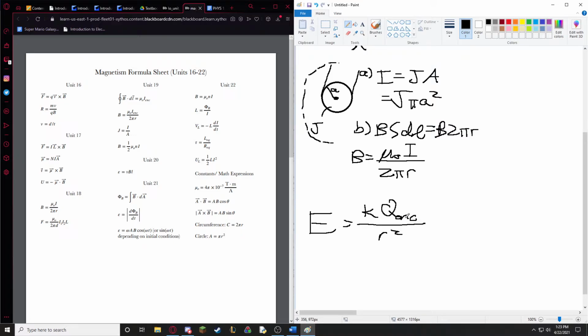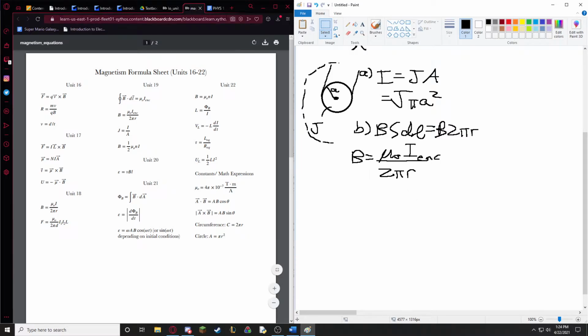The same thing for our Ampere's law simplified form: it's mu naught I enclosed over 2 pi r. But that's only if r is greater than a.